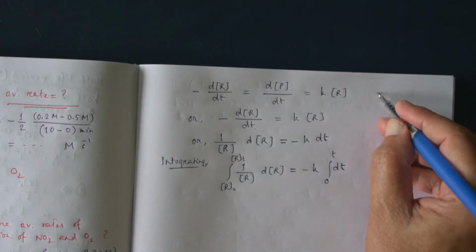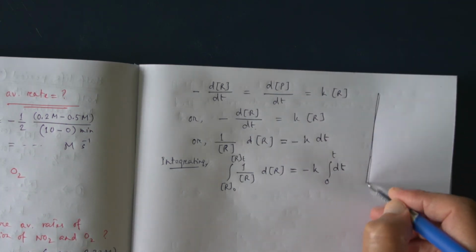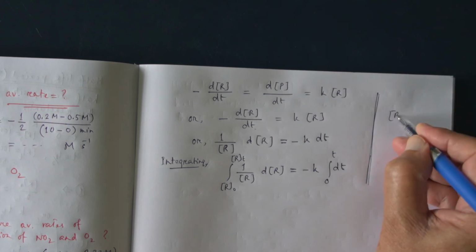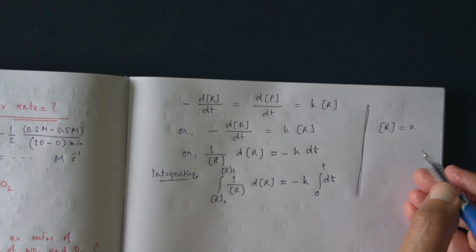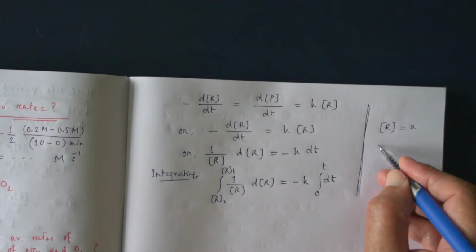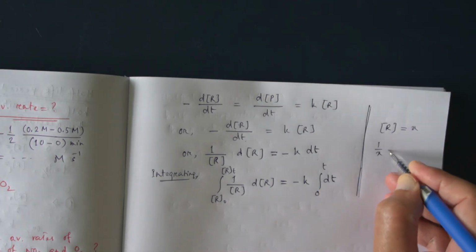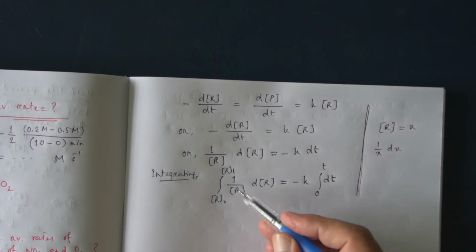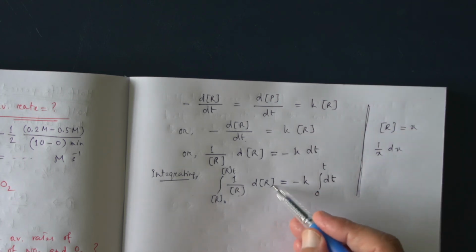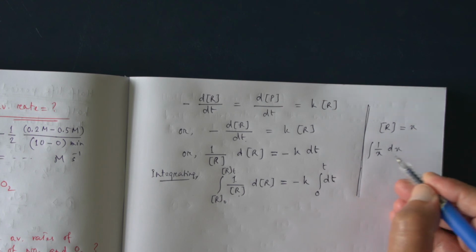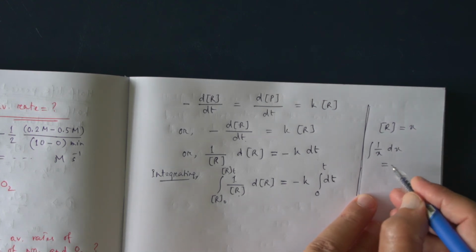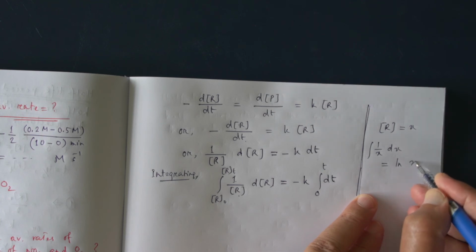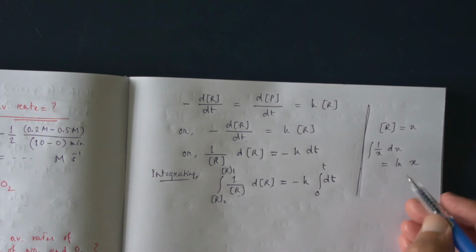Now say if you consider that this is equal to x, then this will be 1 by x dx. Integration of 1 by x dx equals ln x. And what is ln?